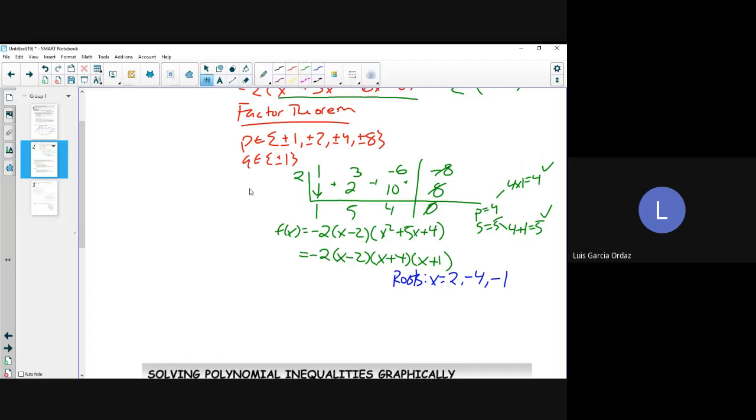So now we're going to draw our sign chart out. We're going to have all our factors across the top. So we have x minus 2, x plus 4, x plus 1, and don't forget the negative 2, because the negative changes the answer when you multiply everything together. And at the end, we have the product.